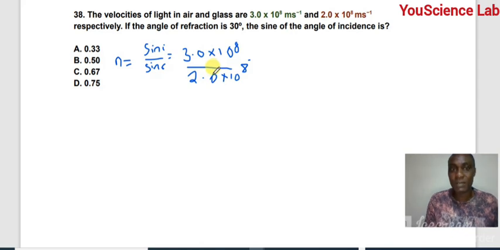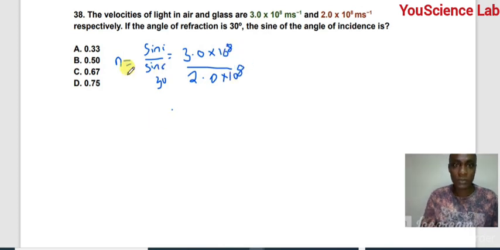So we have this. Now the next thing you have to do, you remember that we are told that the angle of refraction is 30 degrees. So sine r is actually sine 30, and sine 30 is 0.5. So from here, the powers of 10 will cancel out, and 3 divided by 2 is 1.5.